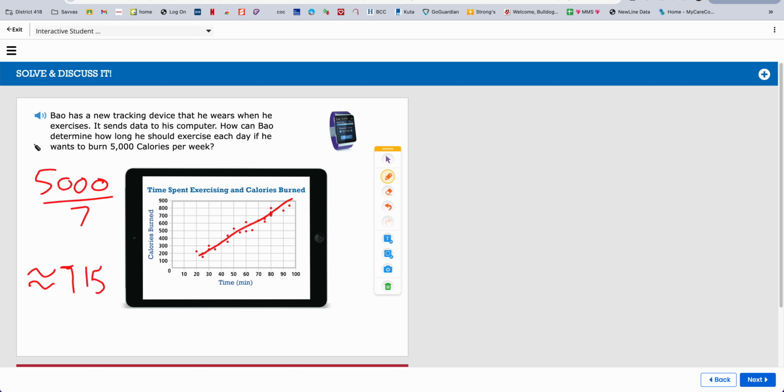Your trend line is going to look a little different than mine. Your equation might even look a little different than mine, and that's going to be okay, as long as they're close. Sometimes we're going to have to approximate, and that's going to be okay. Does being able to approximate make it easier or harder?